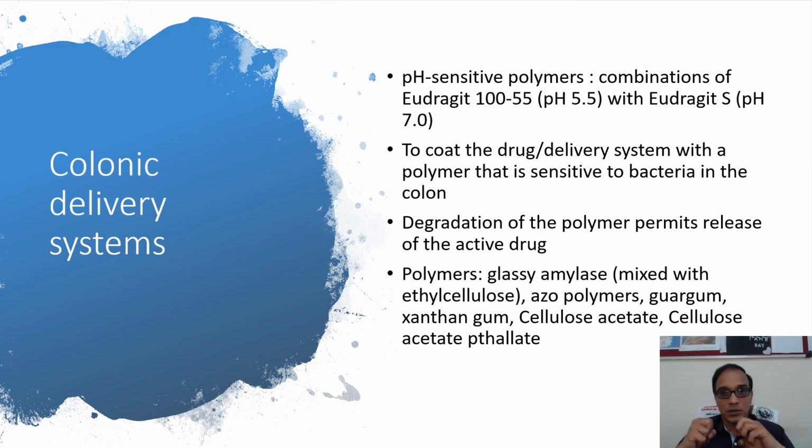Azopolymers are a group of polymers which are cleaved only by the bacteria present in the colon. So they will release the drug only at the colon. So colon specific delivery can be done, and it holds true with guar gum and xanthan gum, which are degraded only by the bacteria present in the colon.